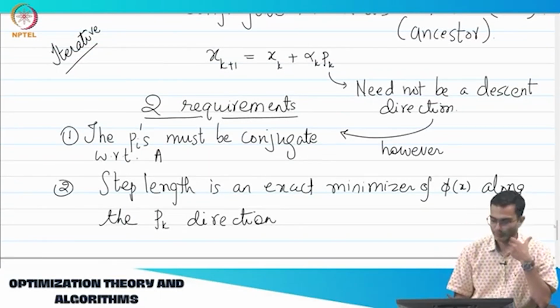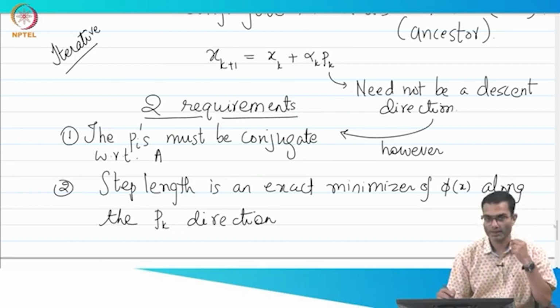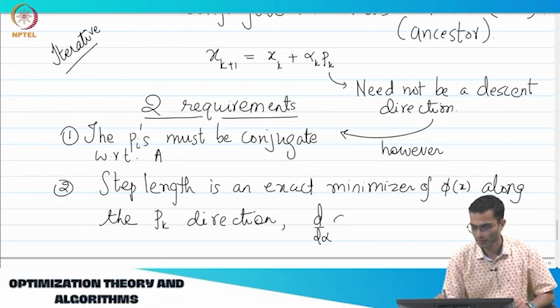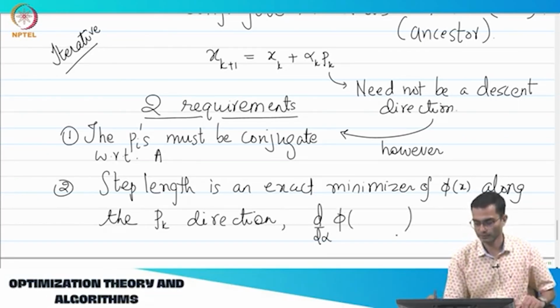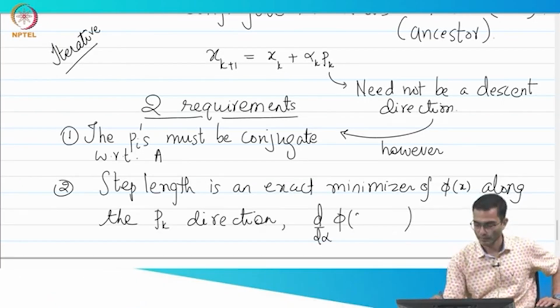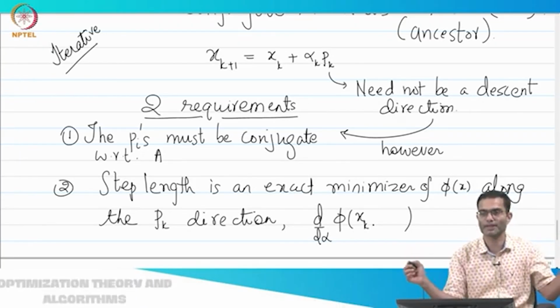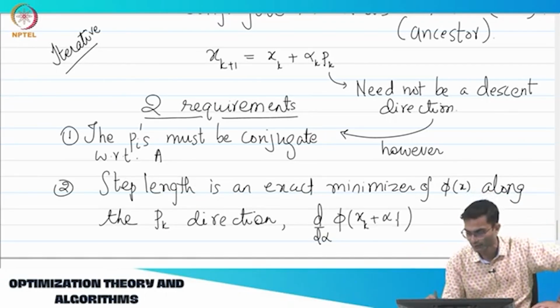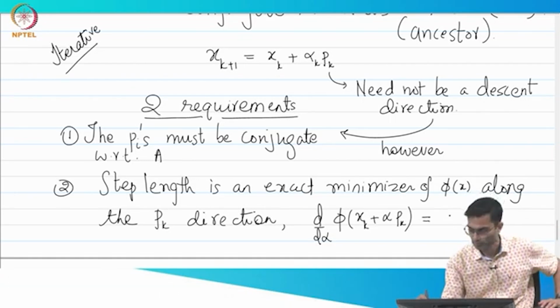Okay, in other words, this is a kind of calculus review. What should I write over here? I am at the kth step. So what is my variable? Alpha. pk supposing has been given to me. pk has come from requirement 1, right? So phi of xk plus alpha pk, and I am going to set its derivative equal to 0.